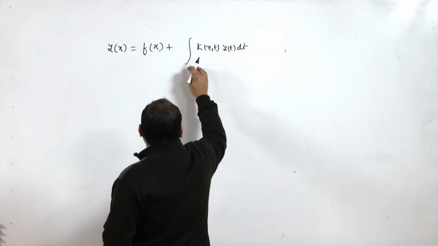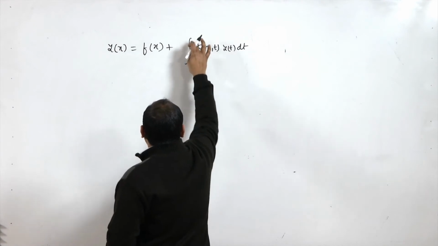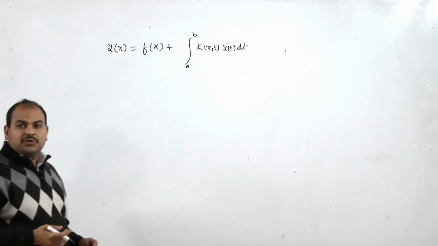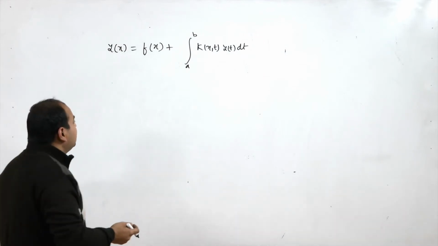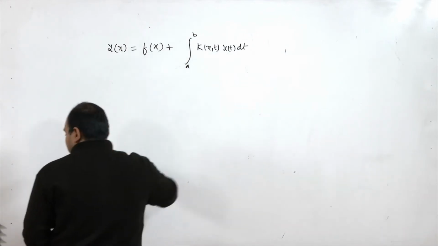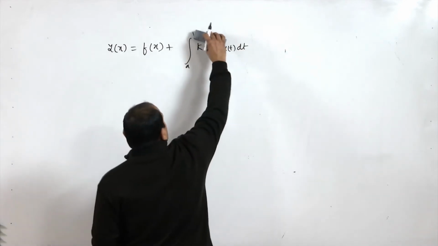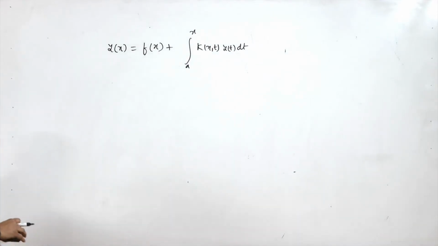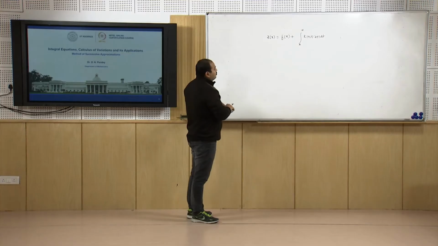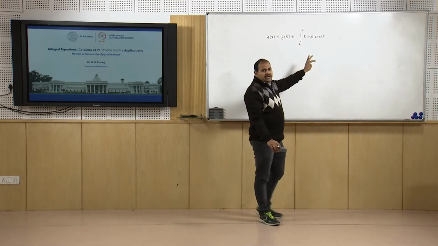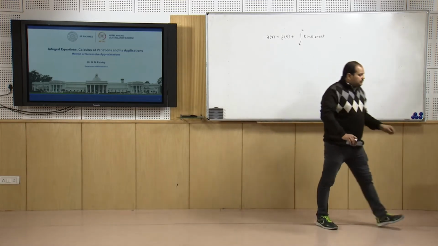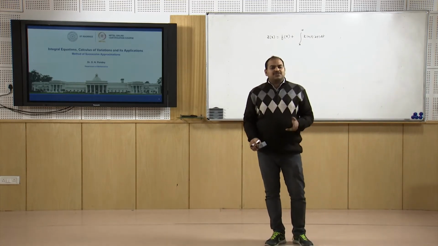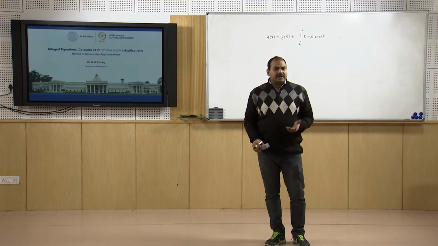I am not writing any limit here, because if I write a to b, then it is the Fredholm integral equation, but if I write the upper limit as the function x, then it is known as the Volterra integral equation of the second kind. But whatever we are going to discuss today is equally applicable for both kinds of equation, means for the Fredholm integral equation as well as for the Volterra integral equation.